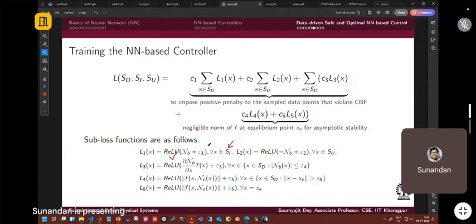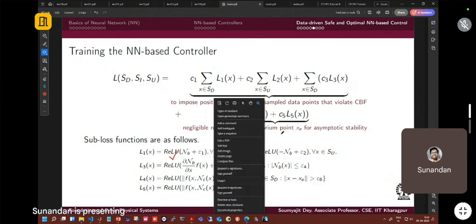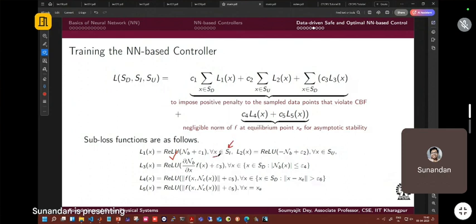If you notice here, for all such initial points, NB plus epsilon I is how this is calculated. How does the ReLU function work?